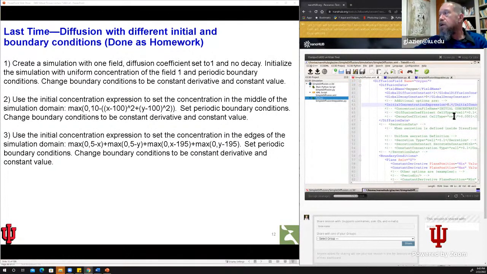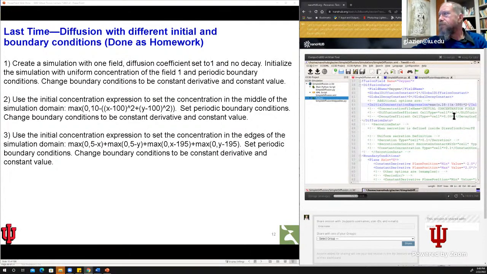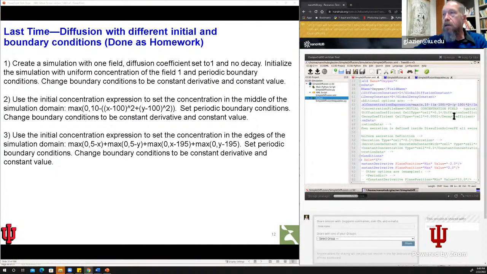So I can do max of 0, comma, let's try this, 10 minus, you need a lot of parentheses, x minus 100 squared. Unfortunately the squared here is caret rather than star star, so it's not Python. Squared, plus parenthesis y minus 100 quantity squared.